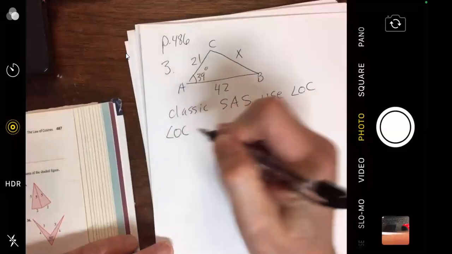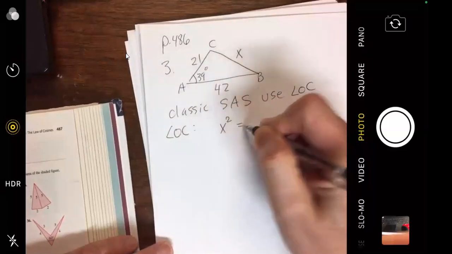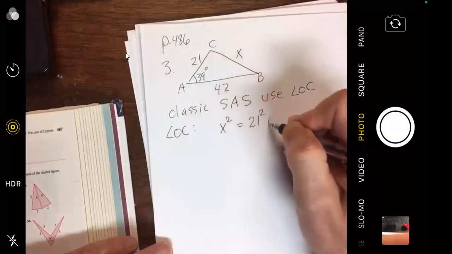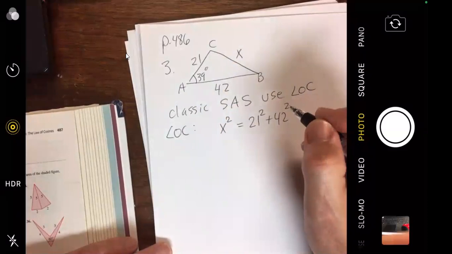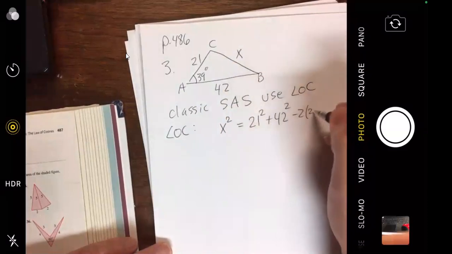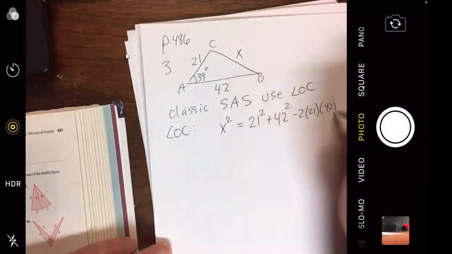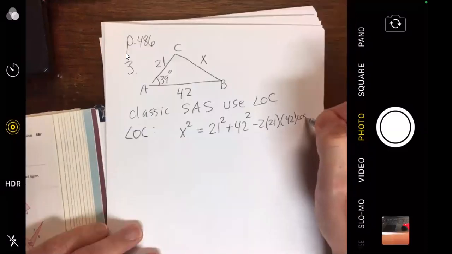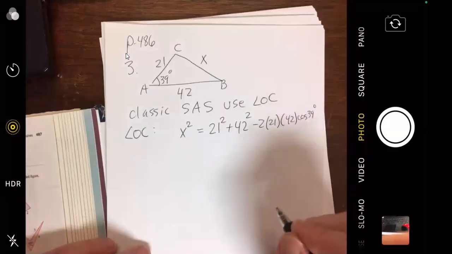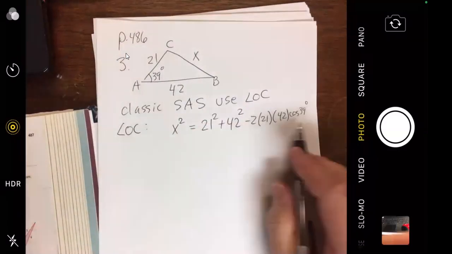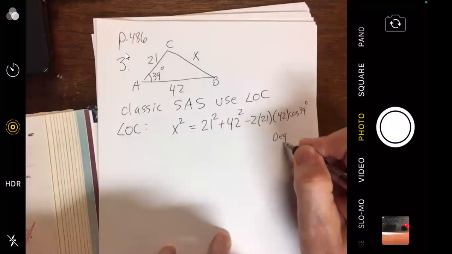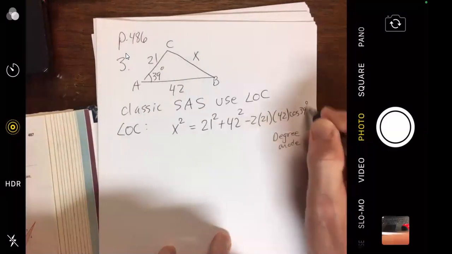LOC would say you take x squared and the other 2 sides squared minus twice those same 2 sides cosine 39 degrees. And it's really nothing but a gigantic arithmetic problem in degree mode. Because you're eventually going to punch this.